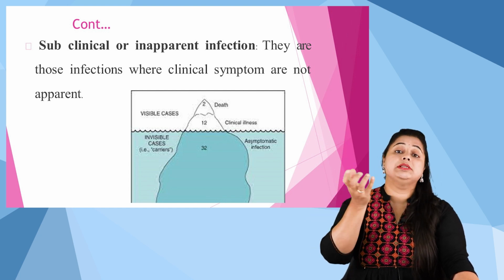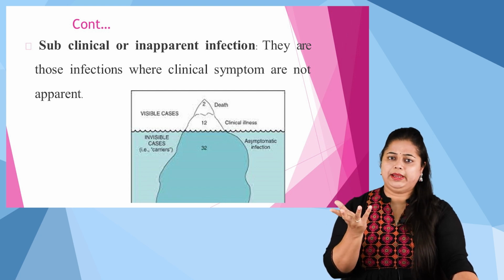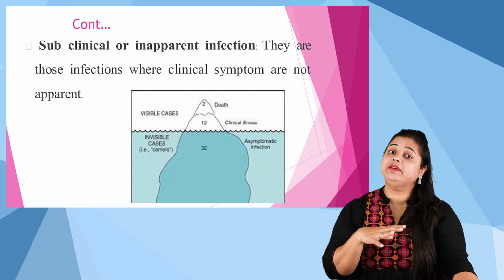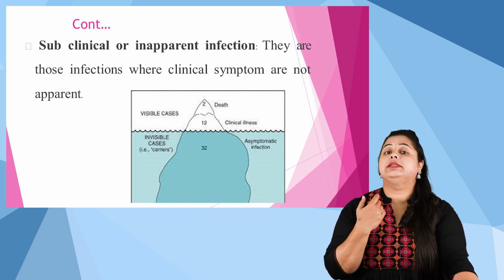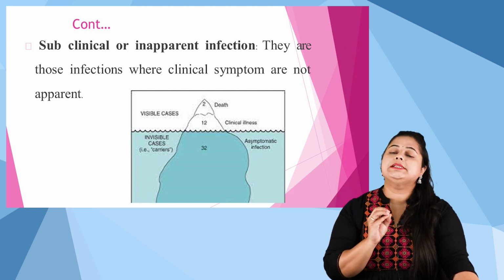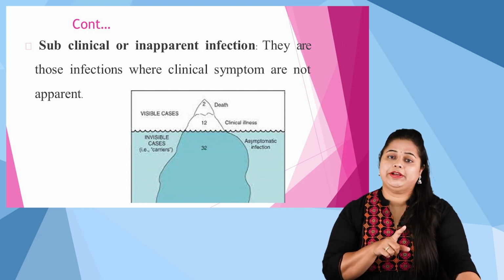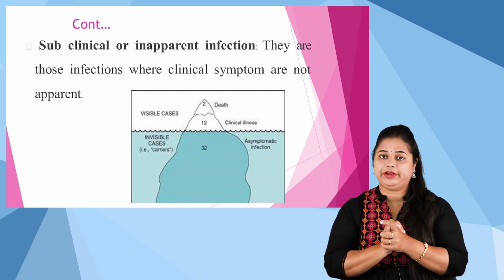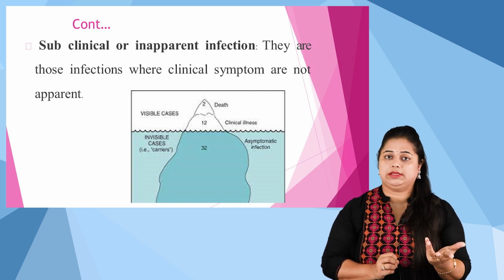Whatever the person's body is exhibiting, the symptoms may be minor, but inside the body, where it is not seen, some symptoms are appearing or the disease is intensely affecting. Those things are called subclinical. Now, what does subclinical infection mean? There is an infection but its clinical features are not seen outside.